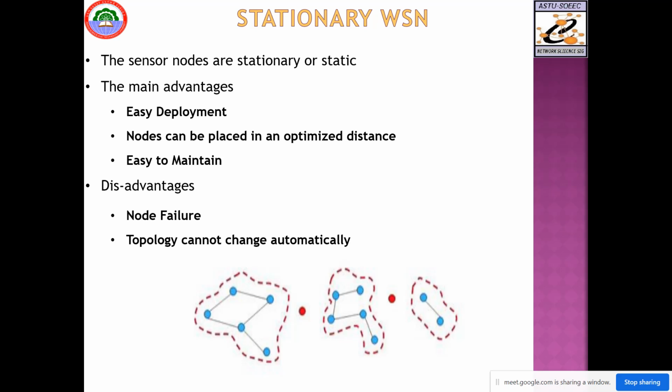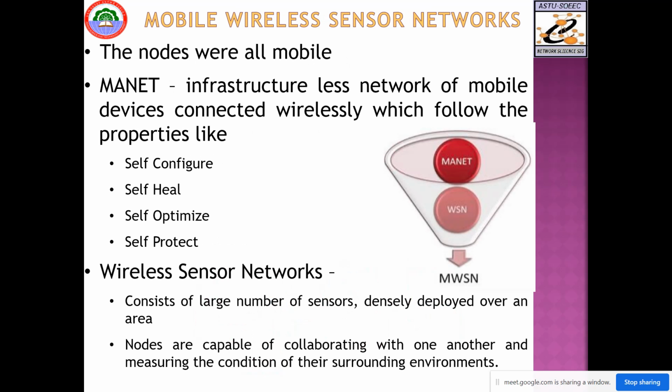Due to the movement of nodes, we are able to maintain the connectivity between the various nodes, so indirectly we can improve the performance of that network. So these are the advantages as well as disadvantages of stationary wireless sensor networks. To overcome these disadvantages, we replace one or two nodes with mobile sensor nodes, so that the topology becomes dynamic.